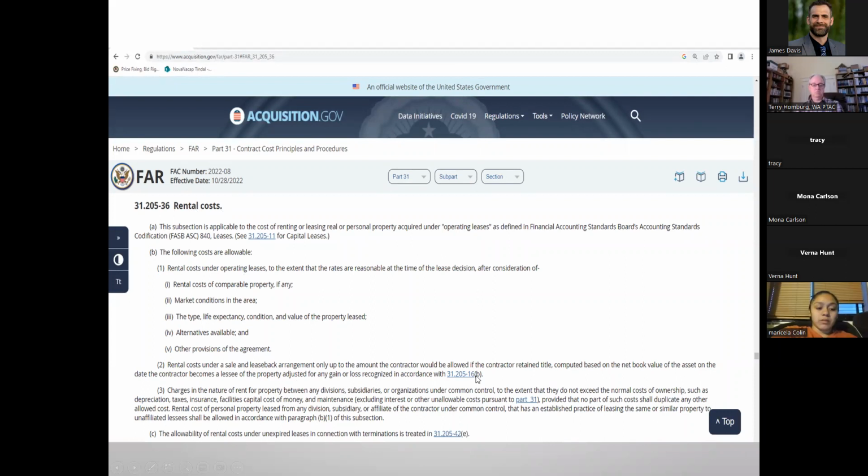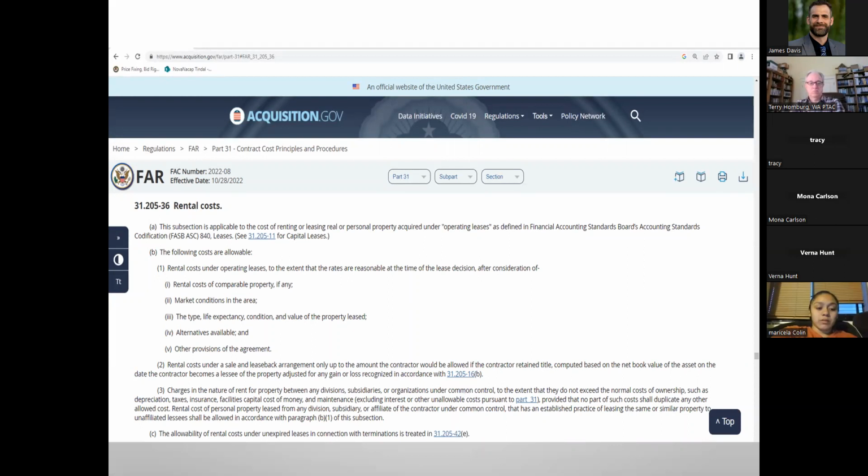It will tell you that rental costs under sale and leaseback are only allowed up to the amount the contractor would be allowed if the contractor retained ownership. So there are conditions that say when you can charge it, when you cannot, and what conditions it must meet. The government will use this when they're evaluating you, and say, okay, you've identified some rental costs, but they don't meet the conditions here.